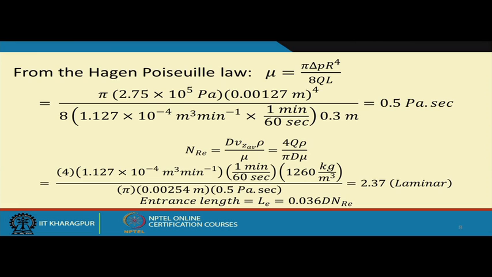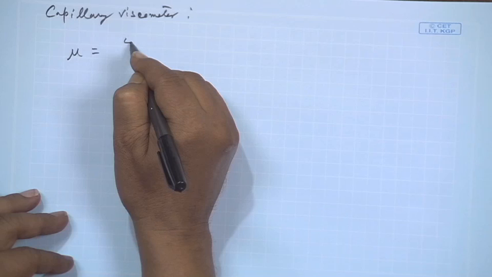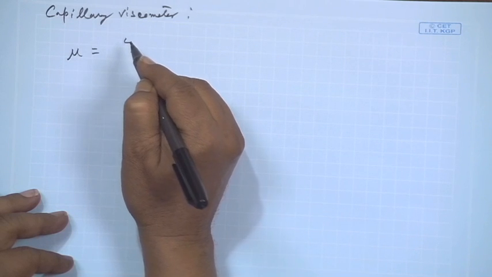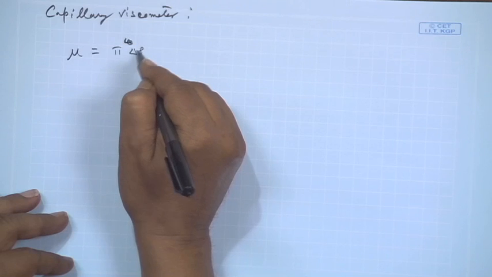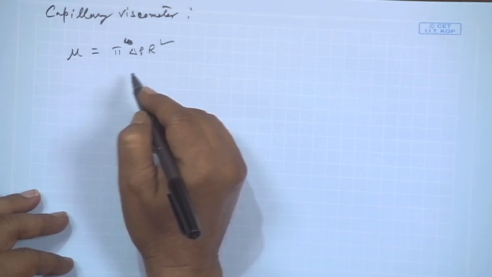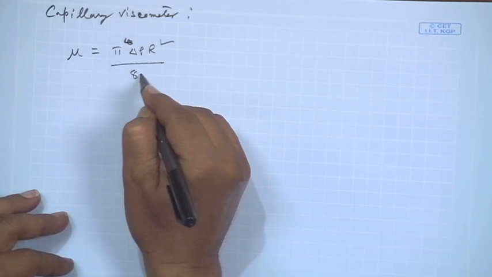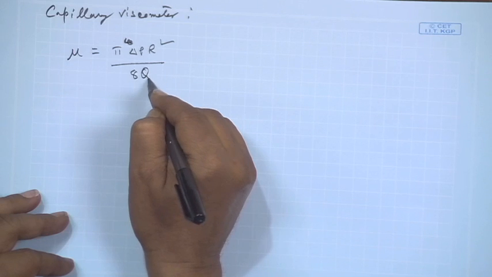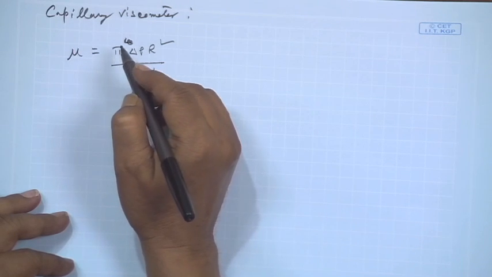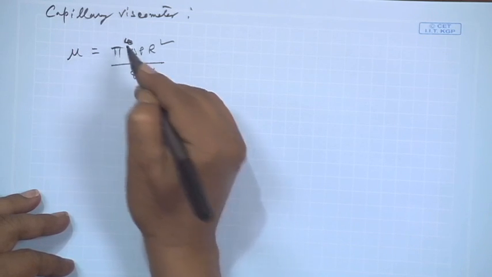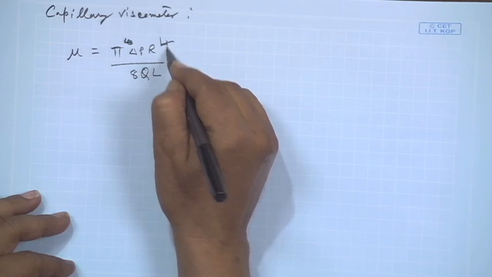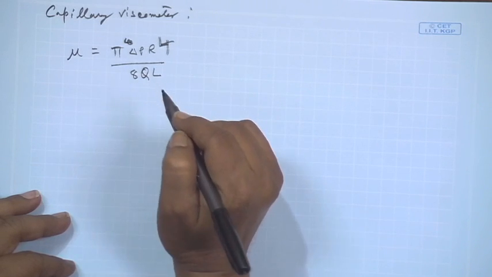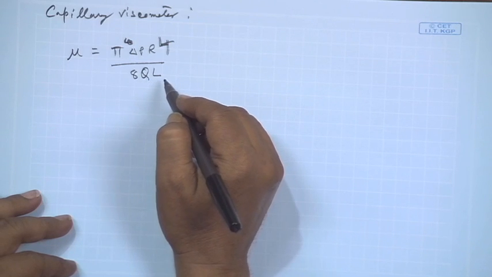So, let us look into the solution from the Hagen-Poiseuille's law. We know that mu is equals to pi delta p r to the power 4, not r square, by 8 q l.